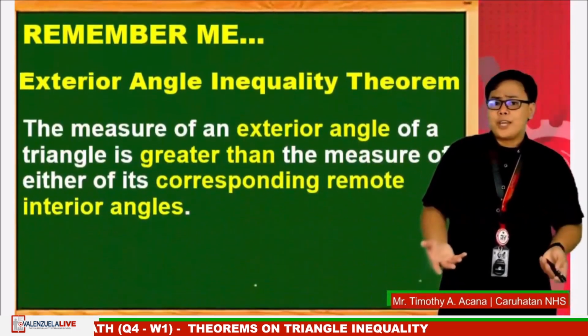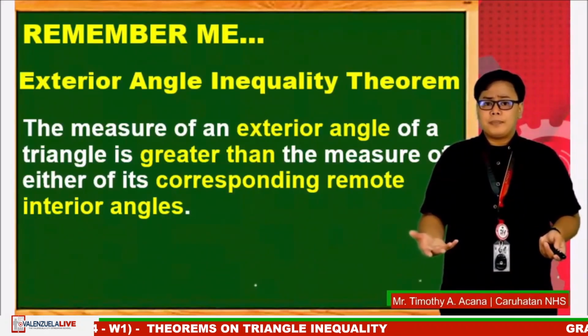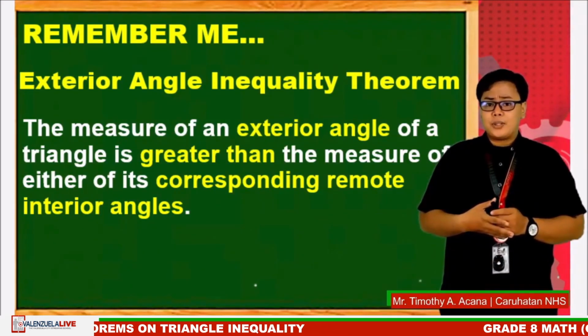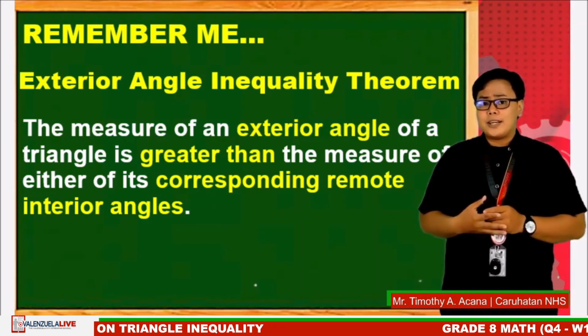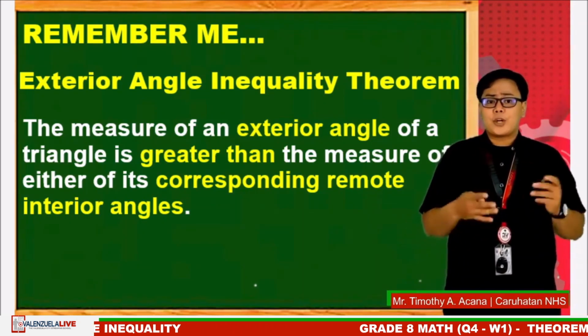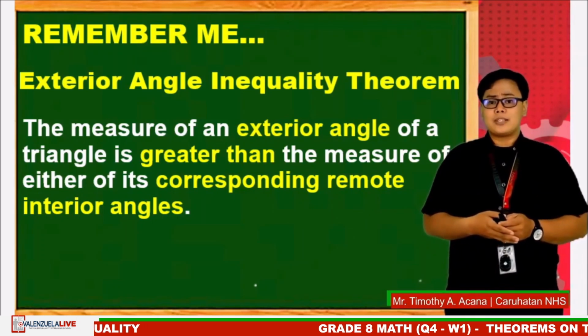So before we proceed to some more activities, always remember that in the exterior angle inequality theorem, the measure of an exterior angle of a triangle is greater than the measure of either of its corresponding remote interior angles.